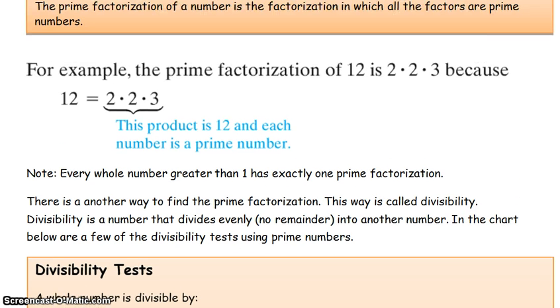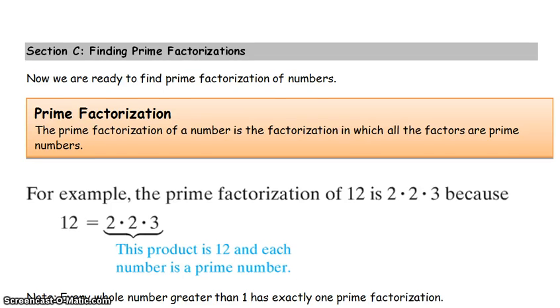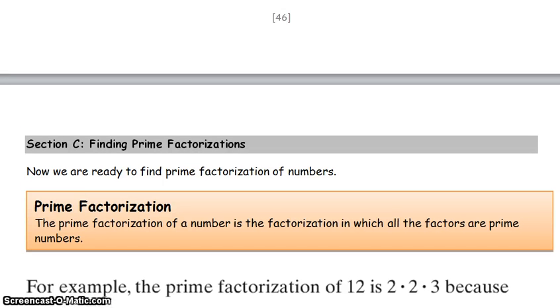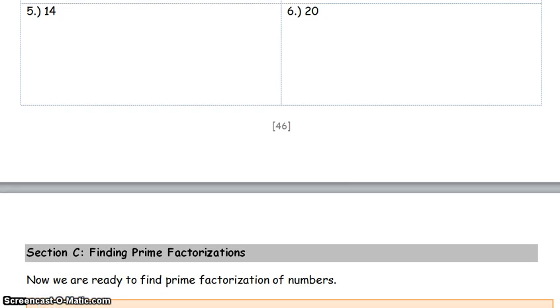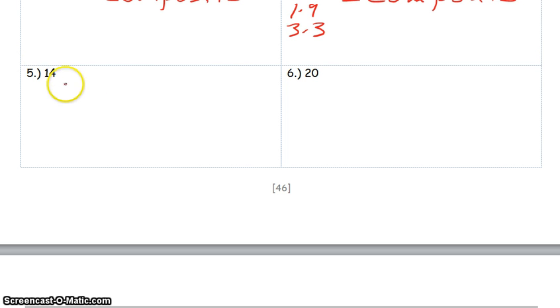I hit the side button just a little too fast here and it jumped, so I need to scroll back up. So we come here to number 5. We have the number 14. Now that is an even number and it's greater than 2. So automatically we should know that that is composite.